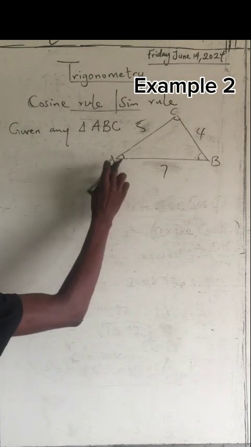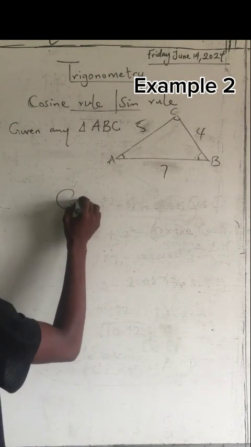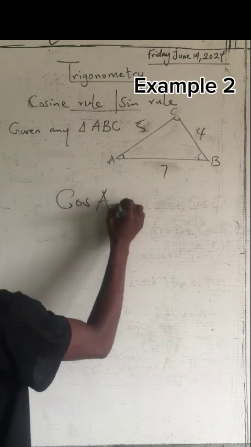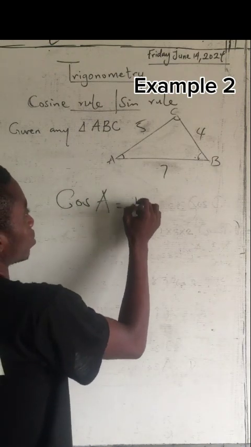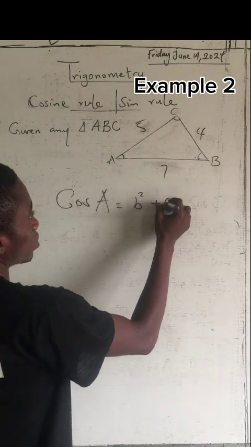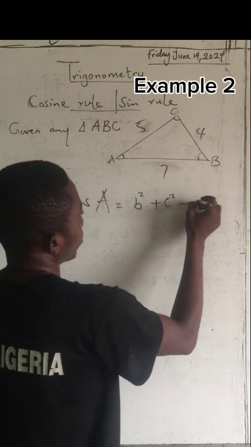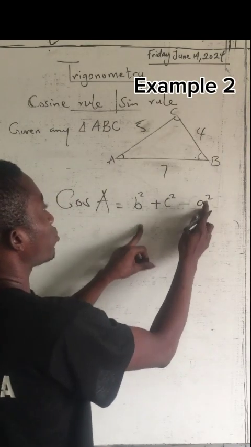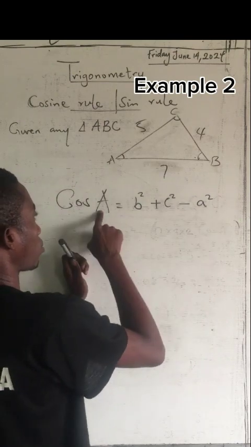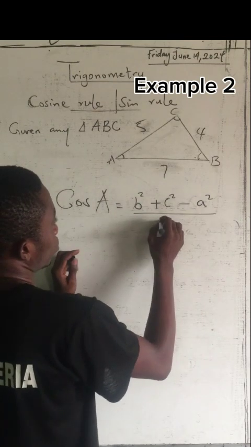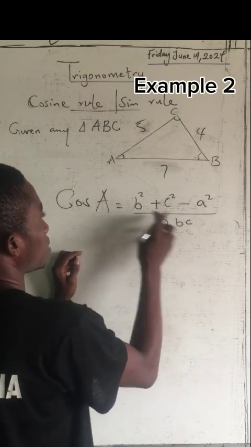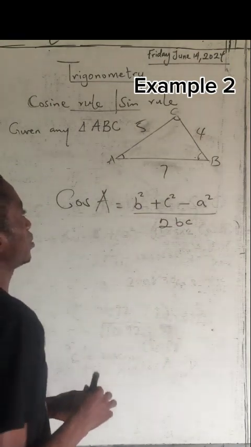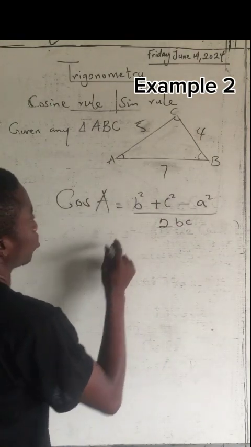So let's first calculate the angle here, which is cos A, remember, equals B squared plus C squared minus A squared. So I remove the A, which is the side of the angle we are looking for, minus 2BC. These B and C are the other sides that we have, so you are just going to be squaring them.